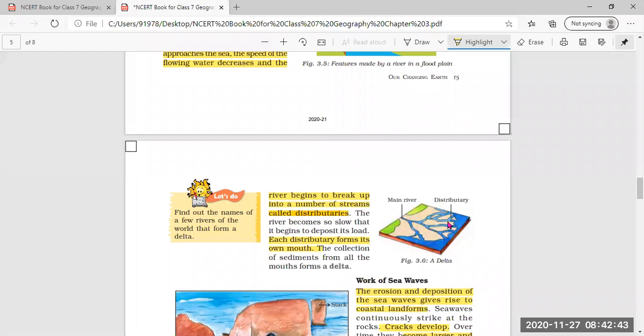Thus, the collection of sediments from all the mouths forms the delta. Am I clear till here?